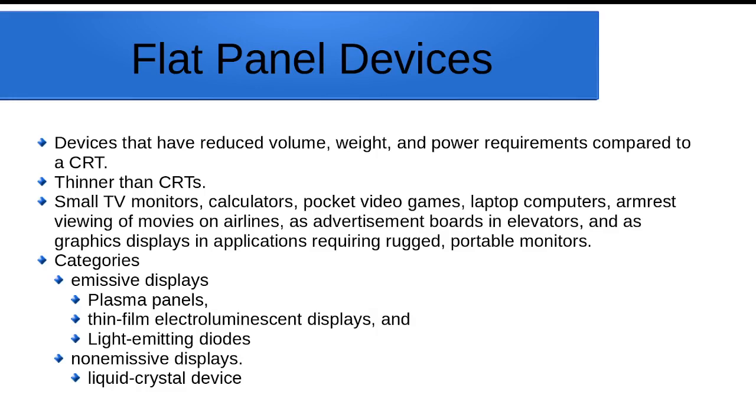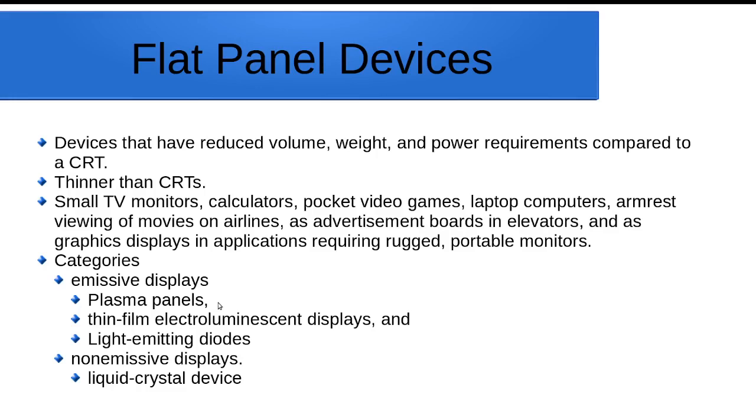Now there are certain categories of these flat panel devices. They can be emissive displays or non-emissive displays. We have to understand that emissive displays are devices which convert electrical energy into light.